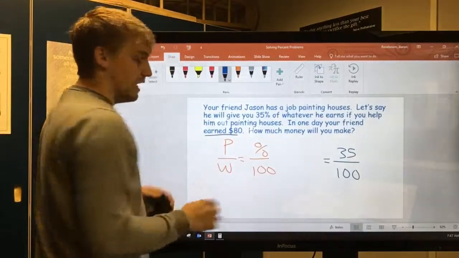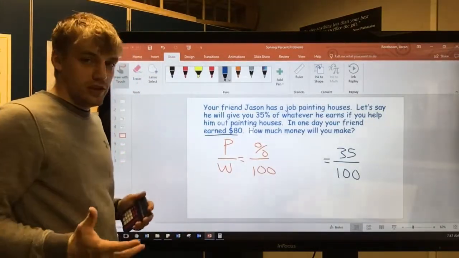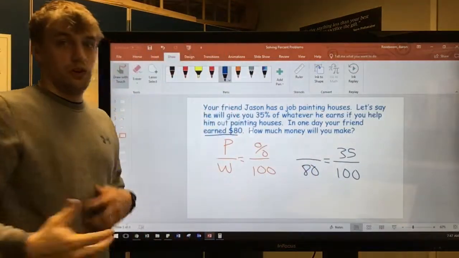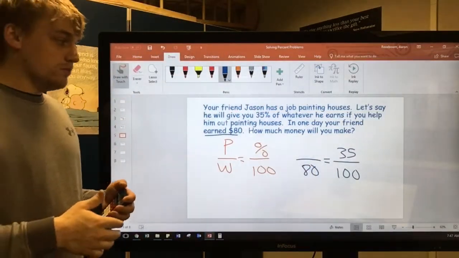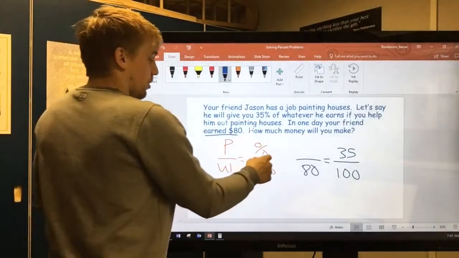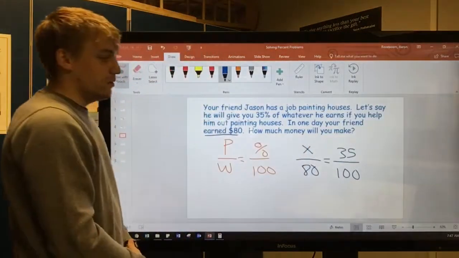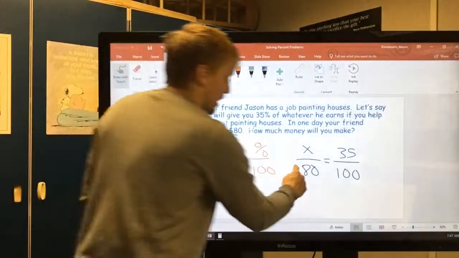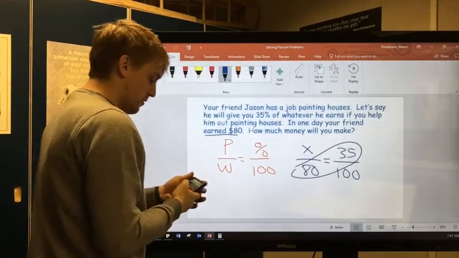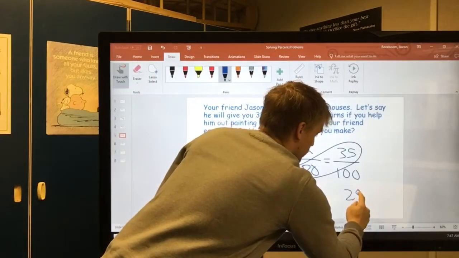So he earned $80 in one day. That would be all of the money he earned in that day. So we would put it in the whole, because we want to know your part of how much you're going to earn. So we're going to put an X there, and then we can cross multiply and divide. So 80 times 35 is 2,800.